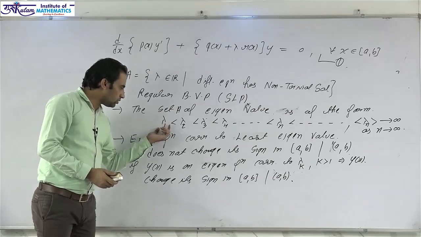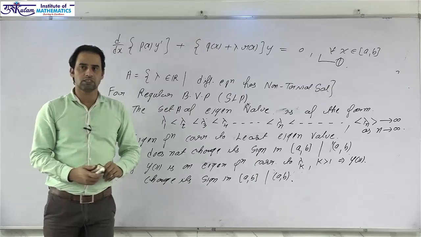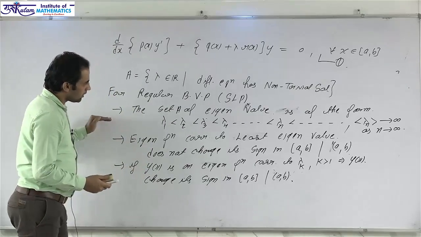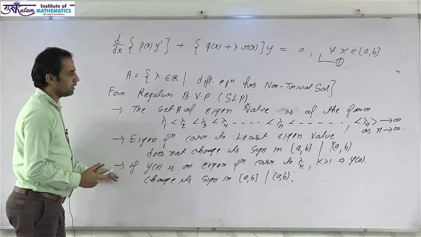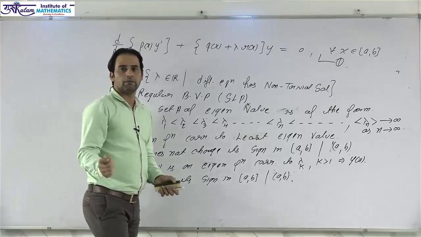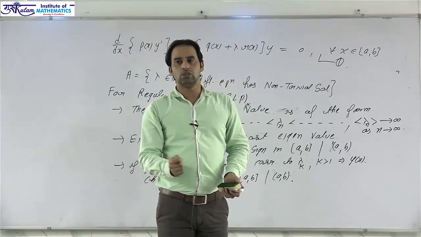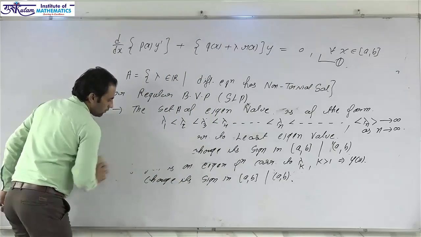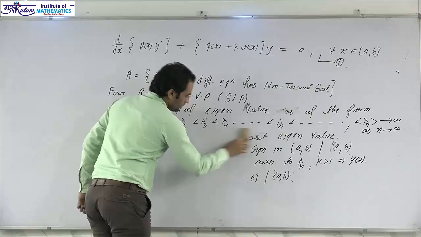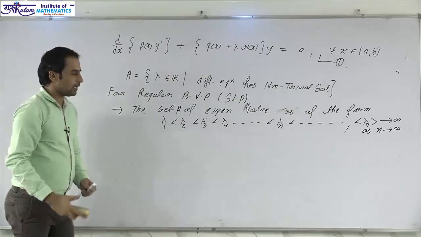Similarly, if lambda equal to 0 is an eigenvalue and the corresponding eigenfunction changes its sign, then there must exist a negative eigenvalue. So, based on these two properties, we can find whether a negative eigenvalue exists or not based on 0 being an eigenvalue. So, the next two properties are for finding the existence of negative eigenvalues.